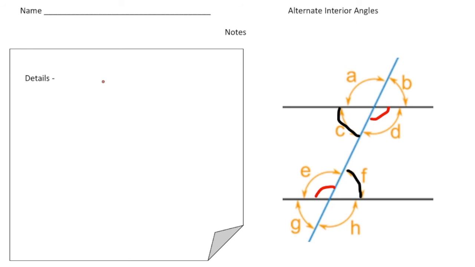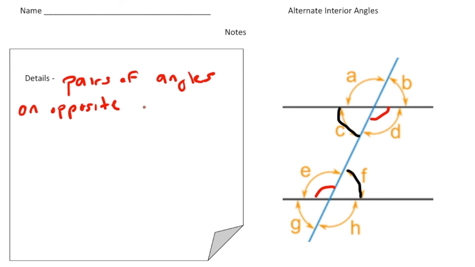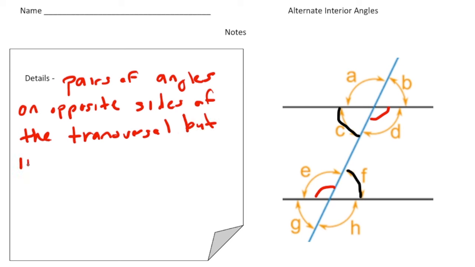All right, so a couple things to write down in your details box. Alternate interior angles are pairs of angles on opposite sides of the transversal but inside the two lines.